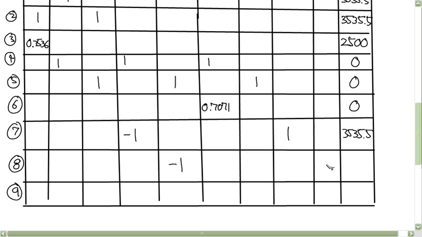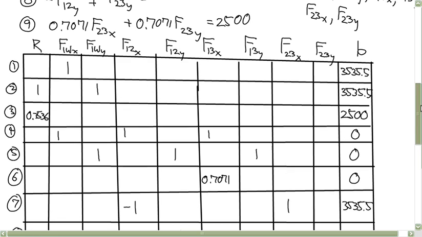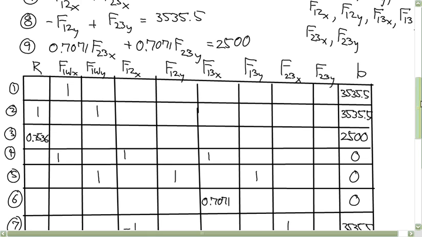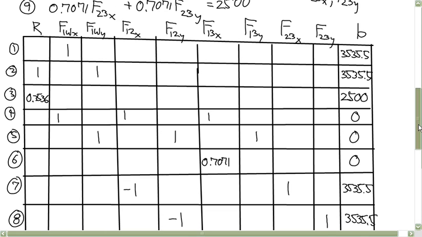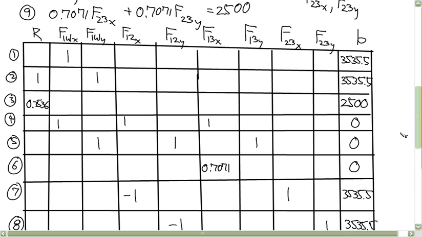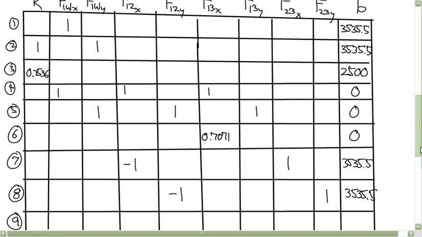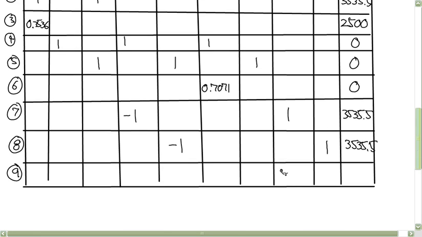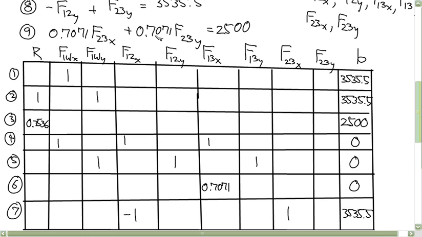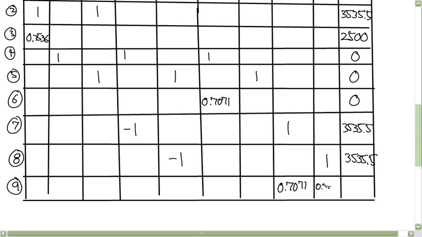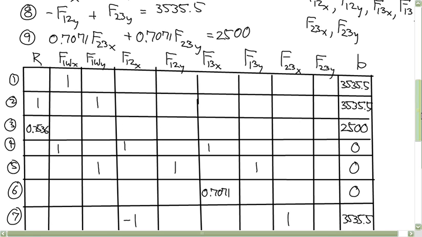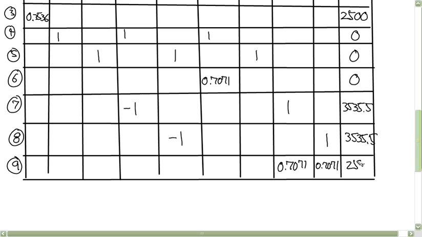So shifted, 35.35. And then the last equation, 0.7071 times F23X, let's see, 0.7071 times F23Y is equal to 2500.